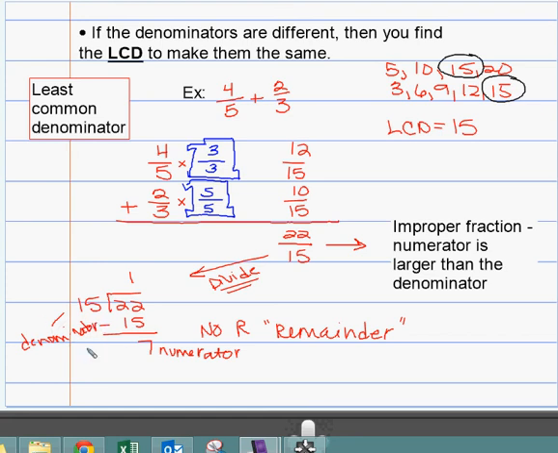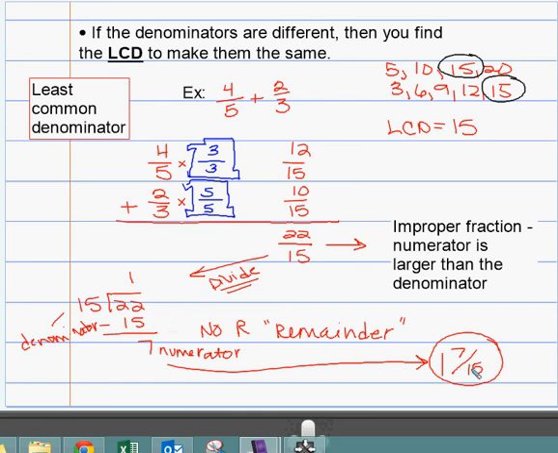Okay, and maybe right here isn't the best place to put those labels, but let's kind of kick this out over here, and we're going to put our whole number 1, and then we're going to put 7 out of 15. That's how many we had remaining. That's how you change an improper fraction into a mixed number.